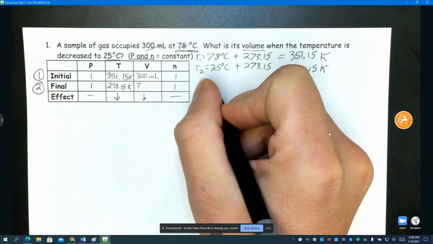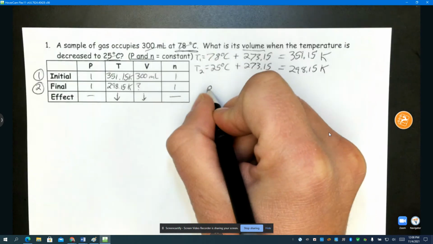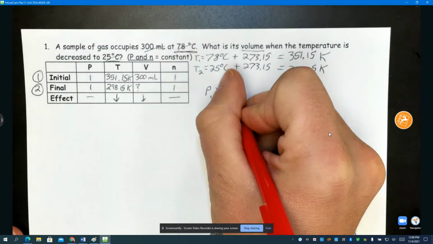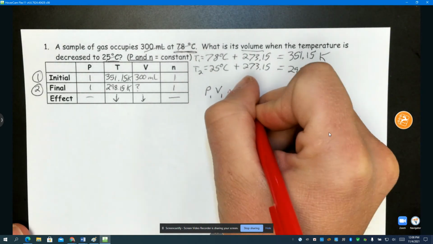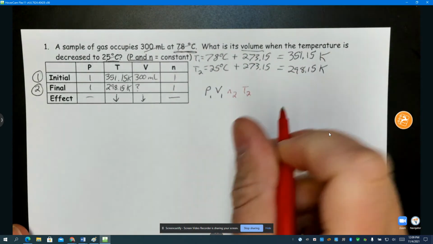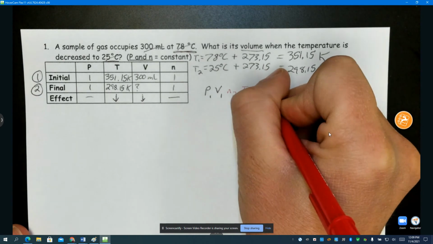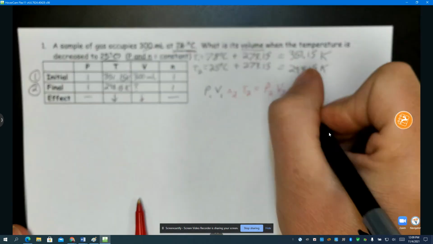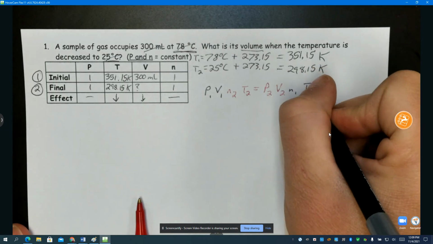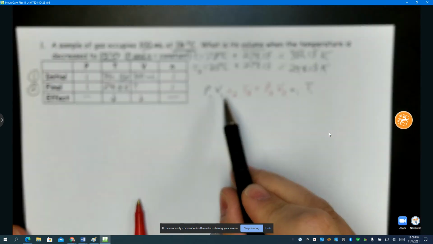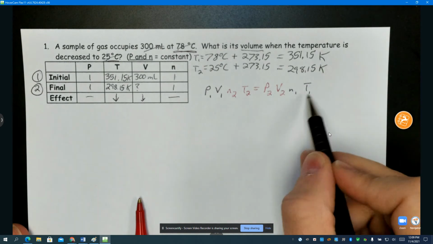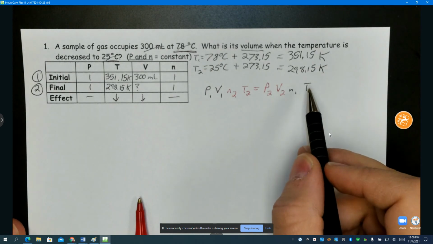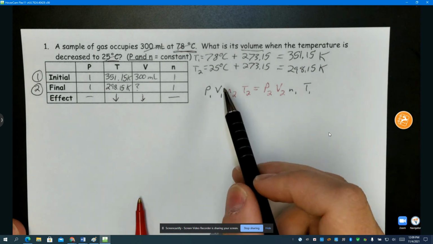But we want to make a quantitative prediction. So we're going to use our new handy-dandy tool, P1V1N2T2 equals P2V2N1T1. The P and the V are going to be on the same side. The N and the T for the starting time are going to be on the same side as well.